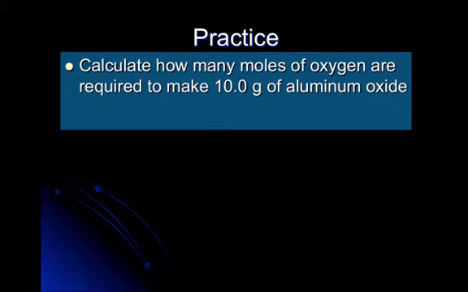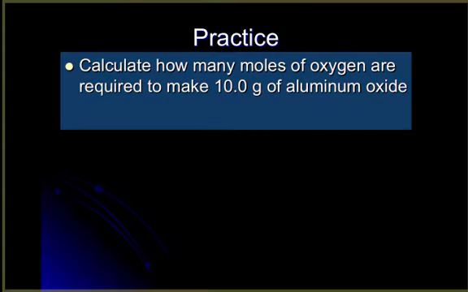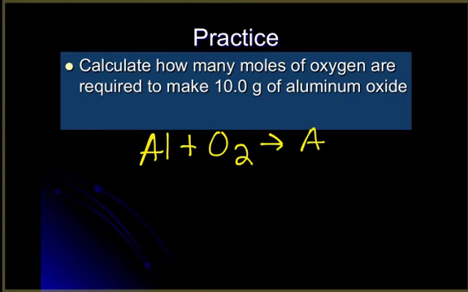How many moles of oxygen are required to make 10 grams of aluminum oxide? Let's keep going here. If we're making aluminum oxide, we need aluminum and oxygen. Again, predict your product.